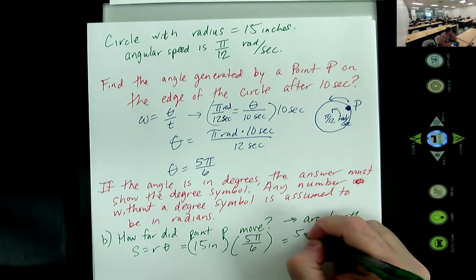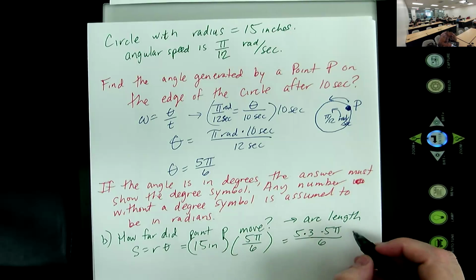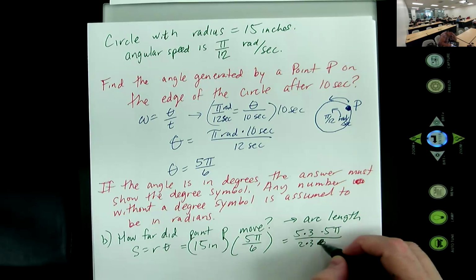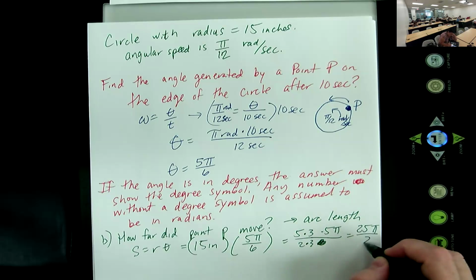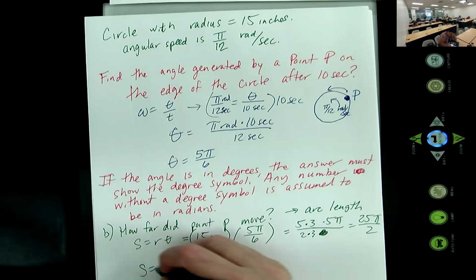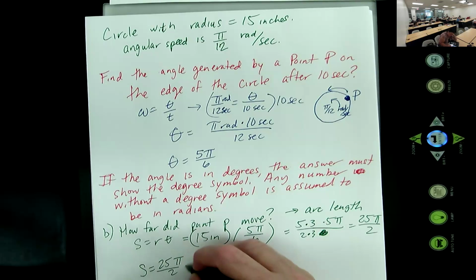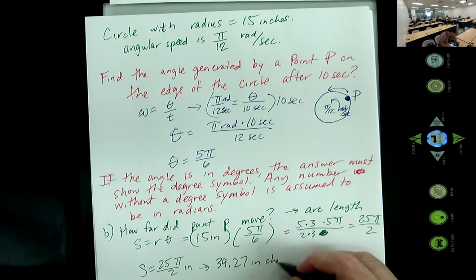That's 5 times 3 for the inches, times 5 pi over 6. 6 is 2 times 3. The 3's will cancel and I'm left with 25 pi over 2 inches. And that's useless, so we'll throw that in a calculator and we get 39.27 inches. I should probably only use 2 decimal places here, but that way.